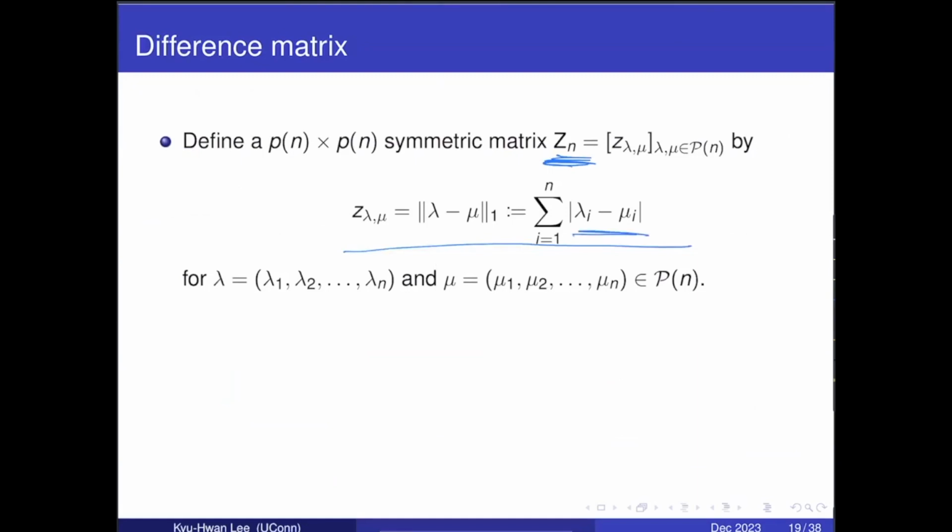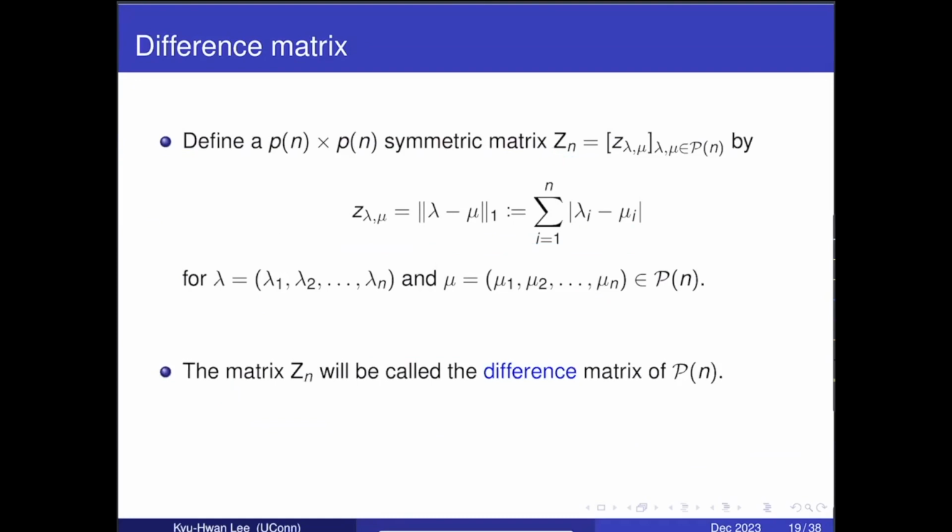So we take the difference and then take the sum, where lambda is a partition and mu is another partition, and we are taking the sum of the differences of the coordinates. And the matrix will be called the difference matrix of the set of partitions. It's the opposite of the similitude matrix.